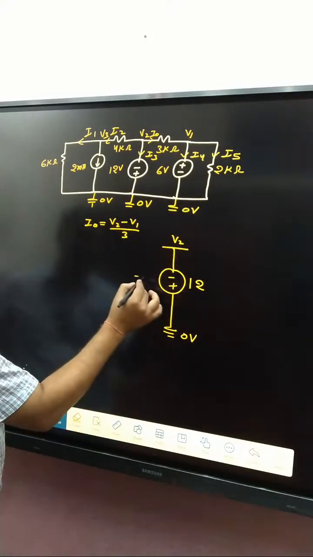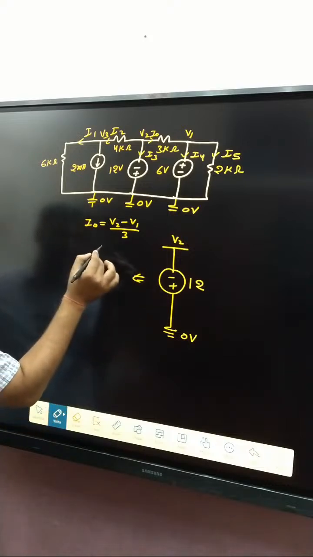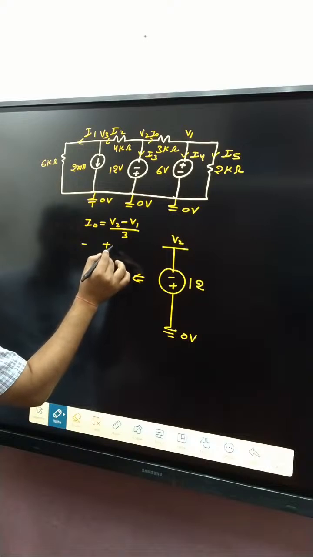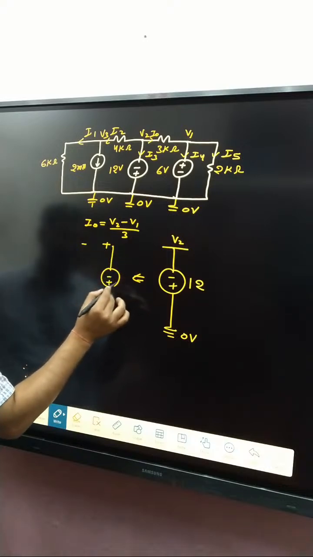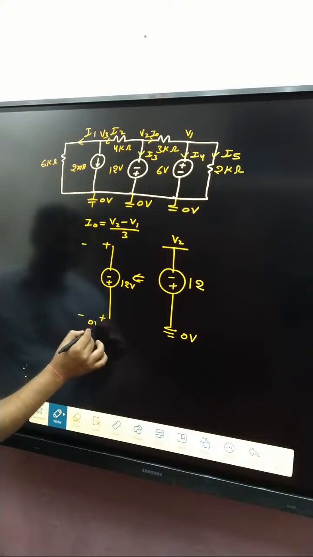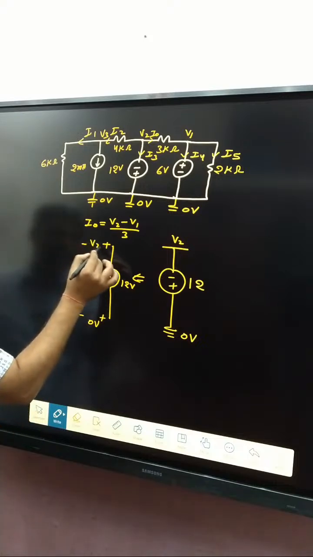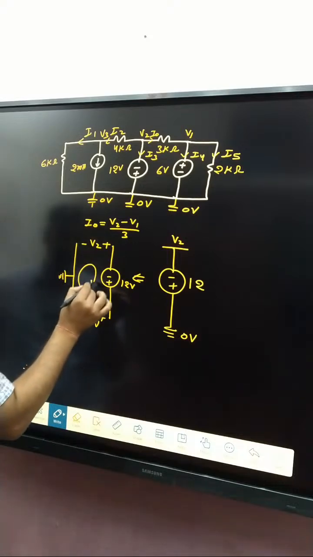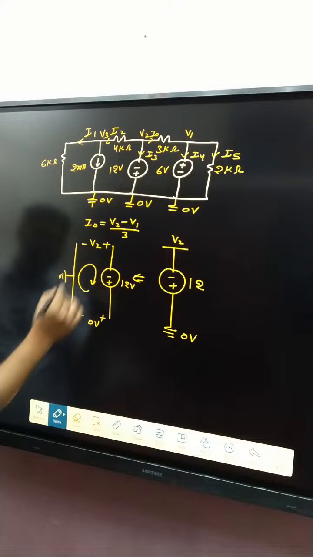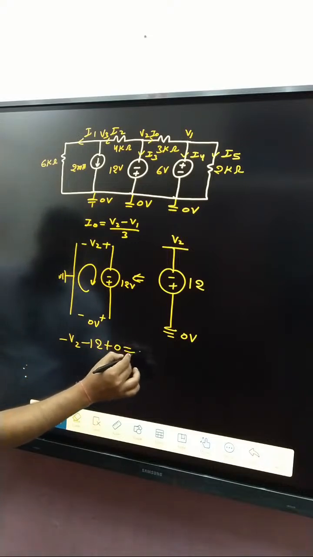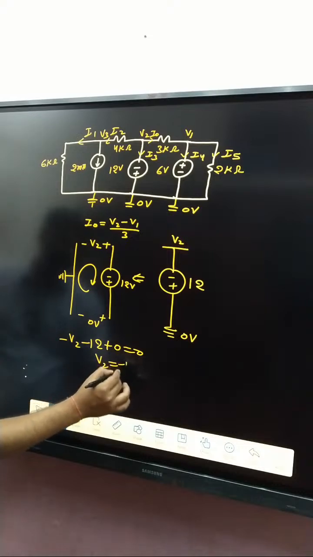Basically, this one is minus plus 12 volt, and here plus minus 0 volt, and that is V2. If you apply KVL in this loop, we get minus V2 minus 12 plus 0 equals 0. So V2 is basically minus 12 volt.